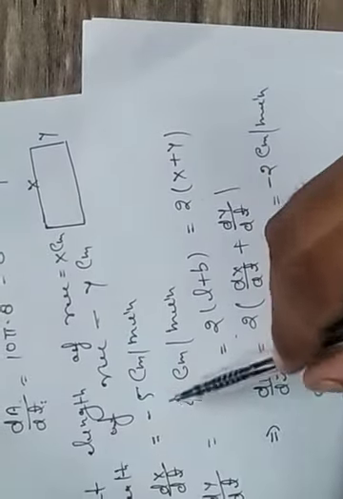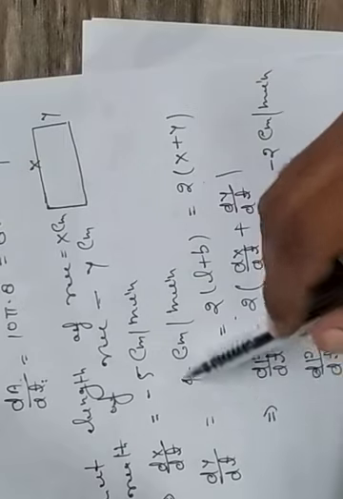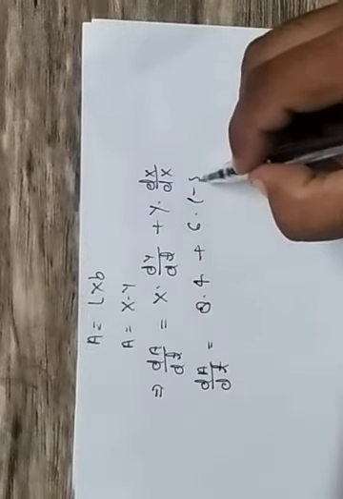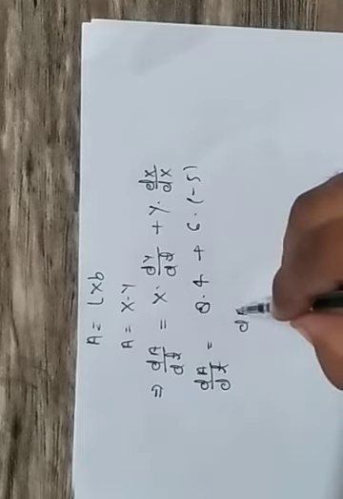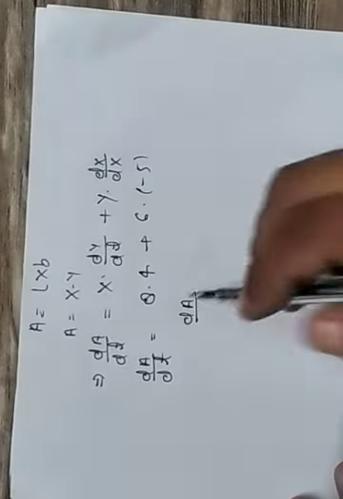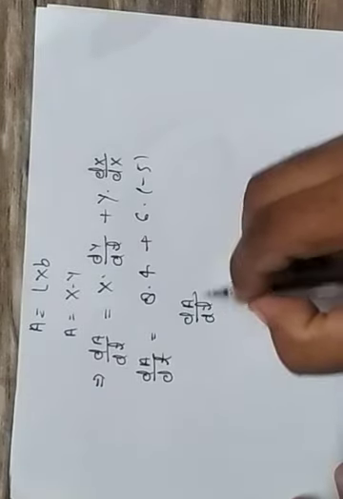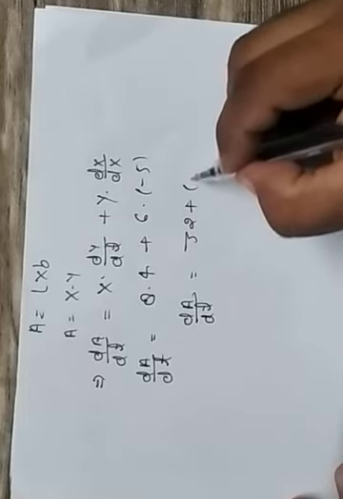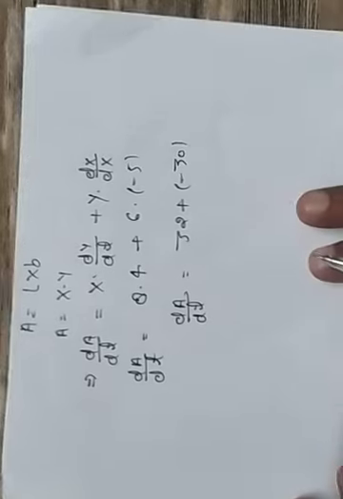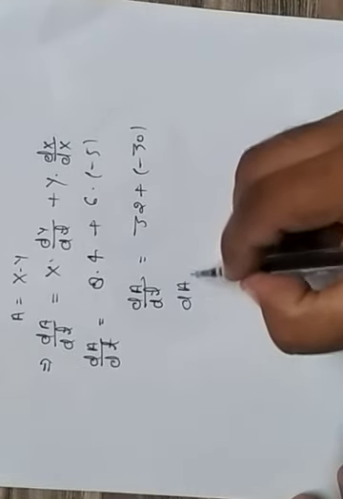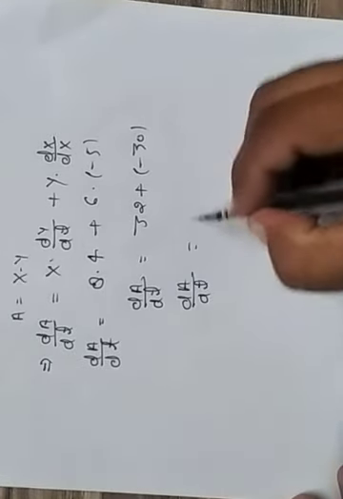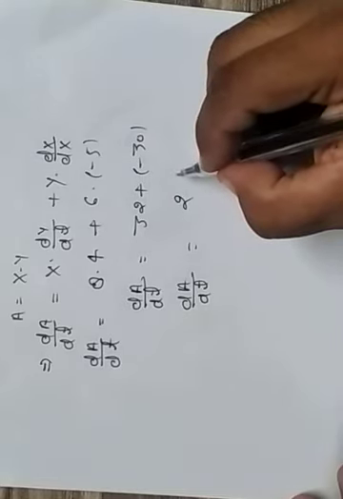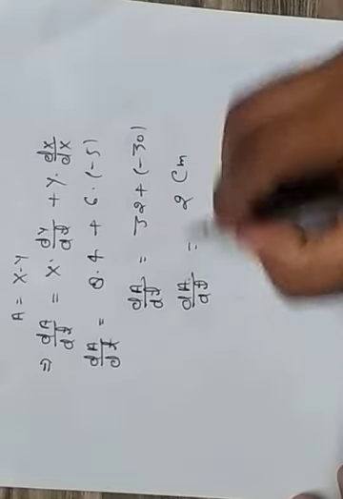Now solve it. The value of dA upon dt is equal to 32 plus minus 30. So finally the value of dA upon dt is coming 2 centimeter square.